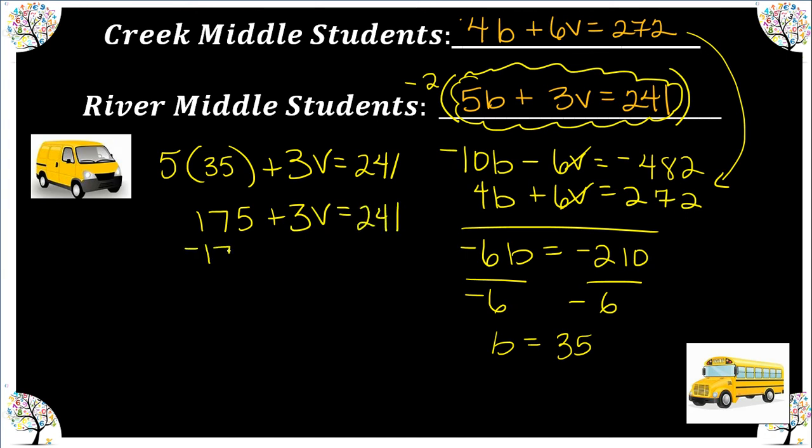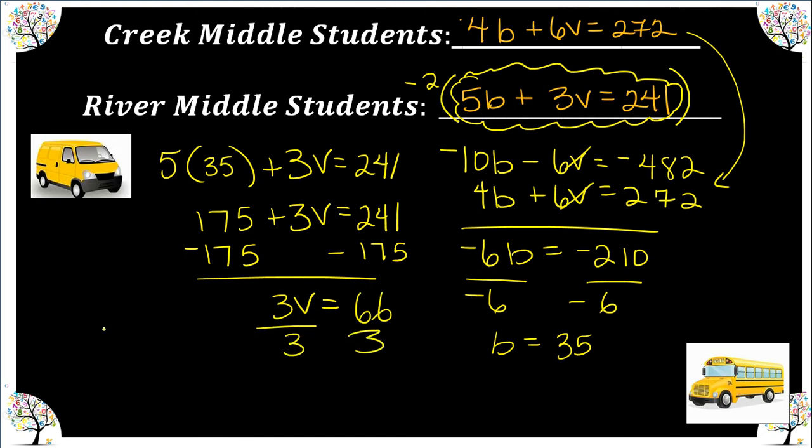Subtract out your 175. Divide by 3. And each van carries 22 students.